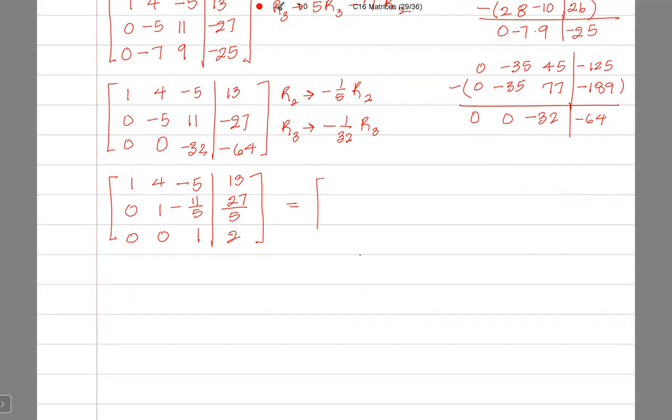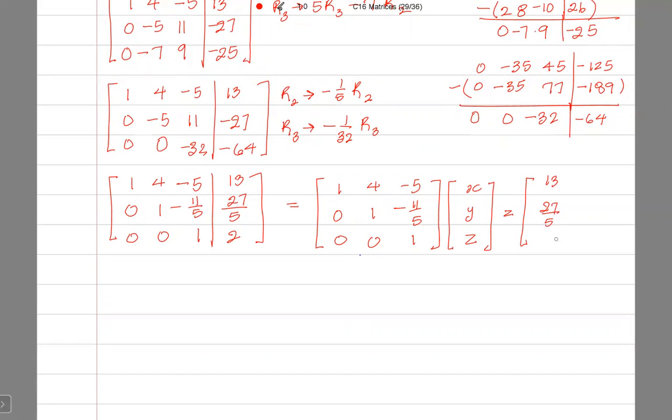This is the same as saying 1, 4, minus 5; 0, 1, minus 11/5; 0, 0, 1, multiplied by x, y, z, and this is equal to 13, 27/5, and 2.